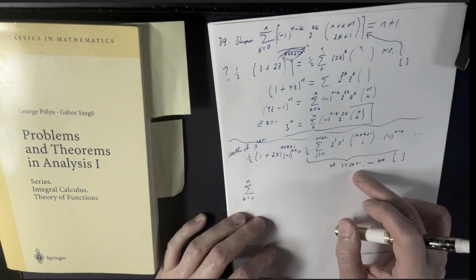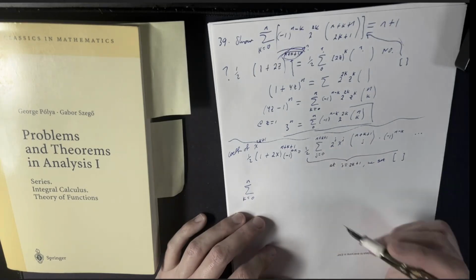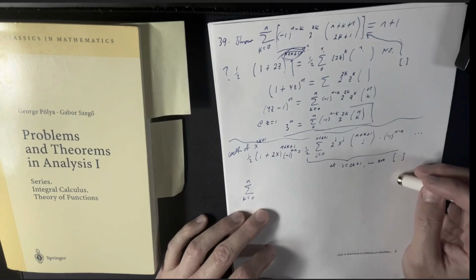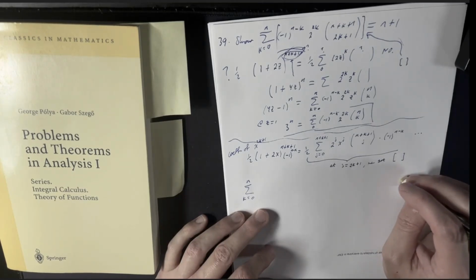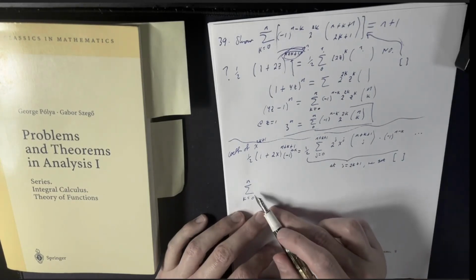So I suppose if you want, I mean, I don't get it. I can't really take the 2k plus first coefficient anymore if I've summed it out.